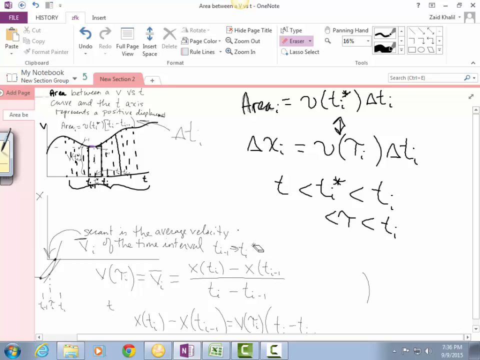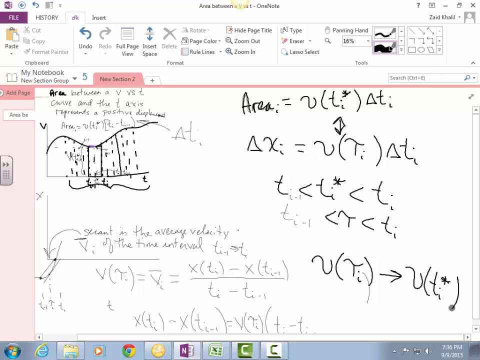By increasing the number of subintervals, you're letting v of tau i approach v of ti star. Or in other words, there's nowhere for these respective velocities to go but towards one another, because you're collapsing these intervals.